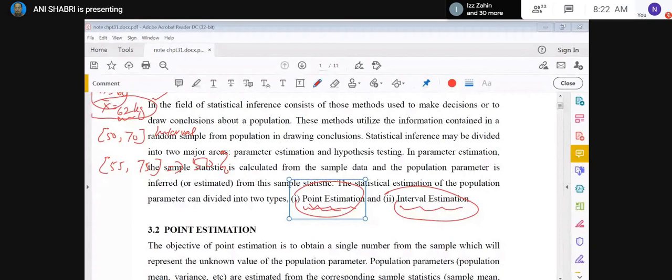Okay, if I enlarge the range to become this, for example, from 55 until 80, berapa keyakinan dia? What is the percentage? Agak semakin menurun atau semakin bertambah? Semakin tambah.